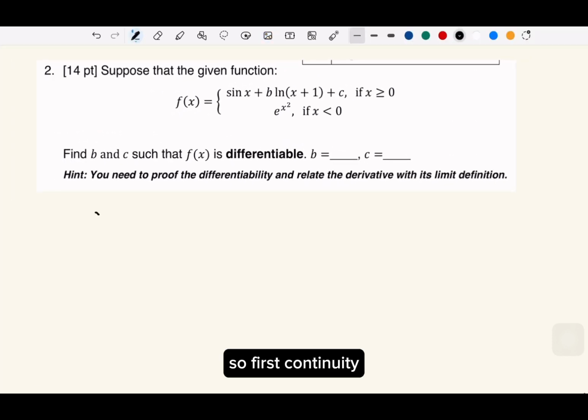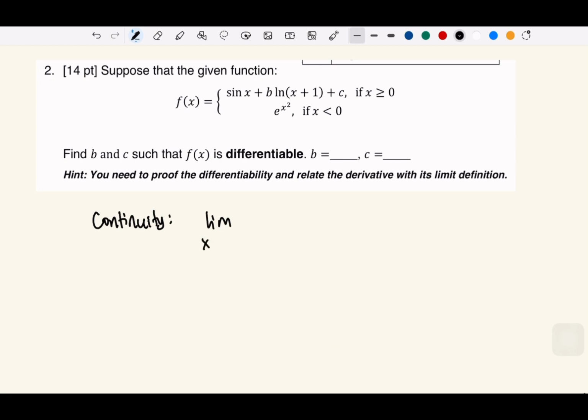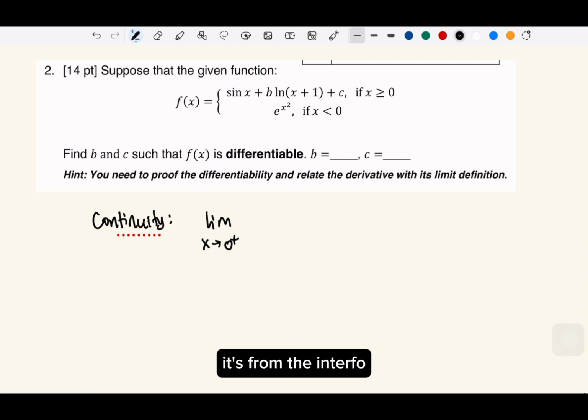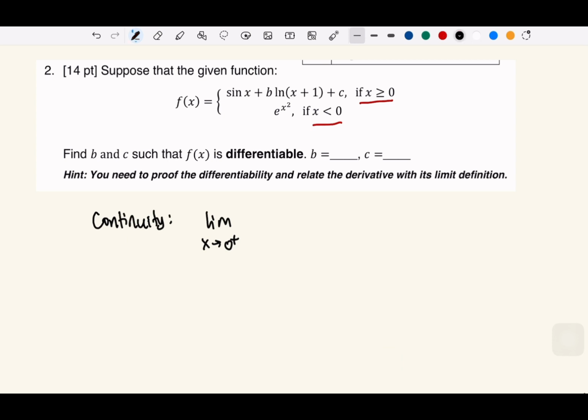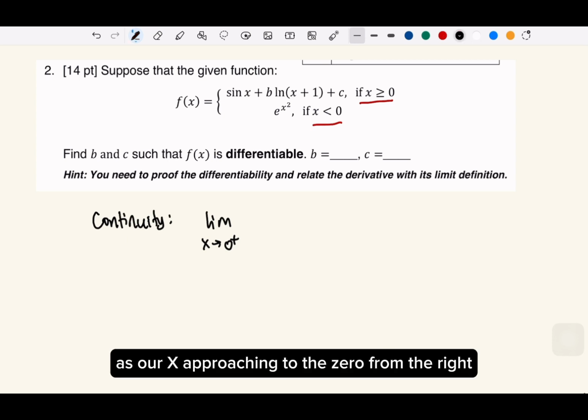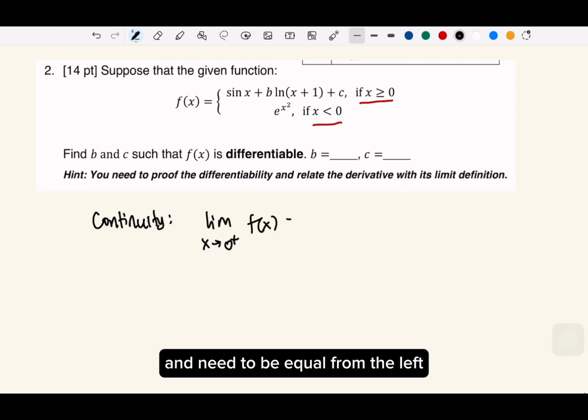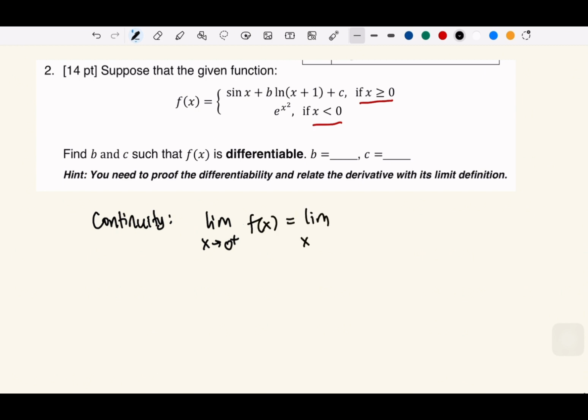So first, continuity is when limit. So how do we know the limit is approaching 0? It's from the interval, this one and this one. So 0 will be important. So we are going to take that as our x approaching 0 from the right, and it needs to be equal from the left.